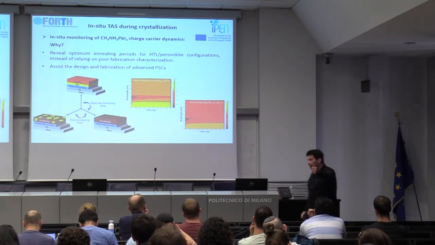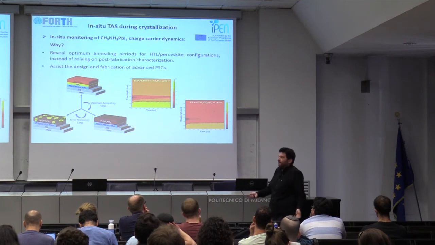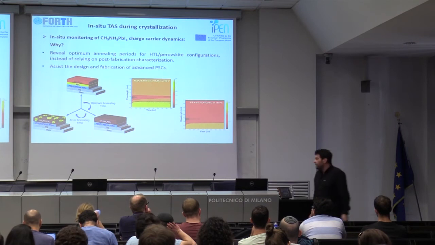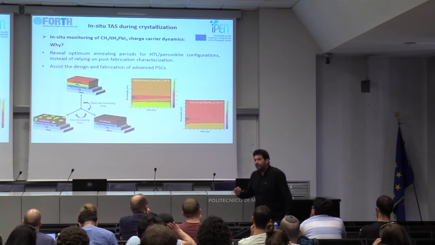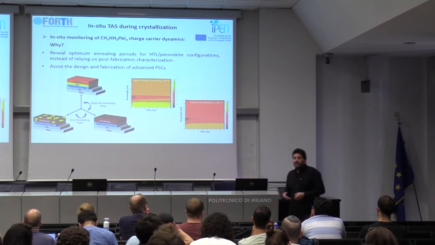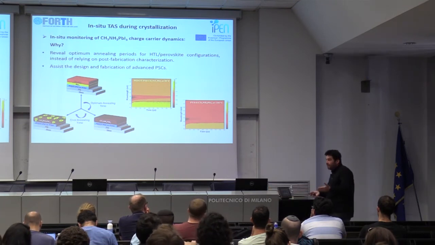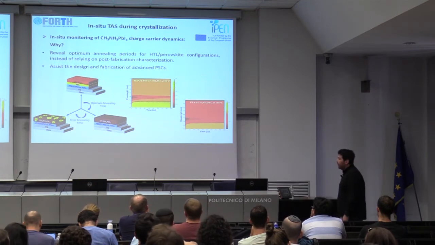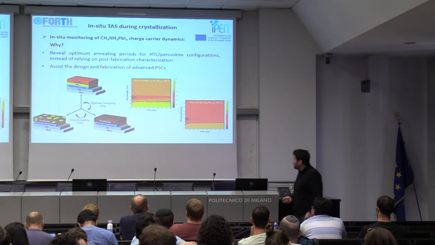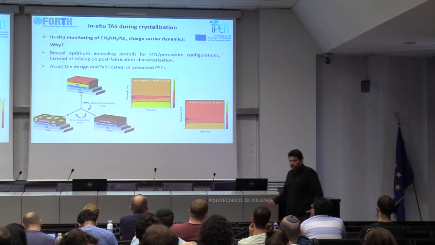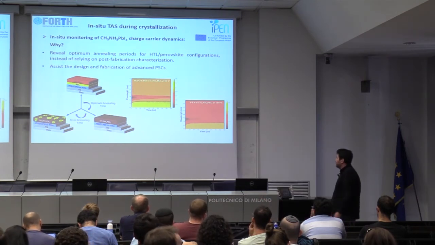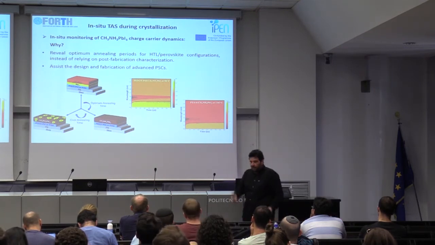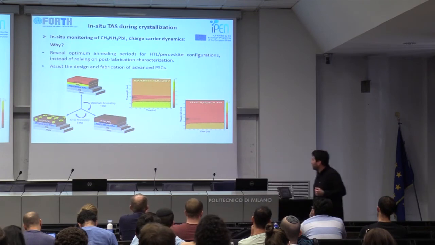And if you ask Costa's students, or Professor Kymakis's students, they would really appreciate having a way to find out whether a parameter will work better before they need to go through all the stages of the final fabrication of the device. So we believe that we can assist the design and fabrication of better perovskite solar cells. And this is work mainly done by one of the PhD students of our lab, Efthimis Serpetzoglou.